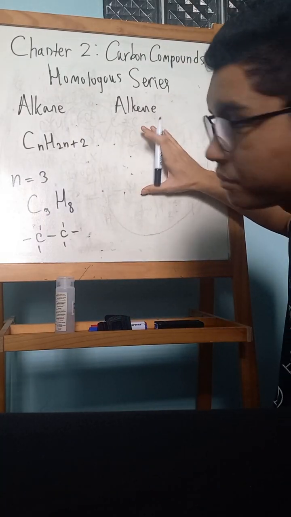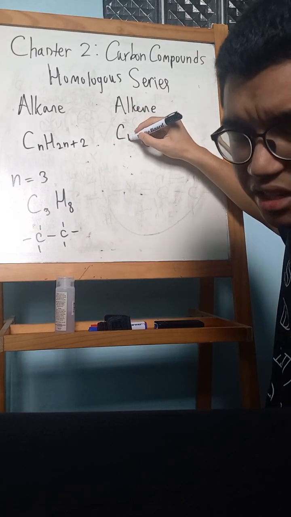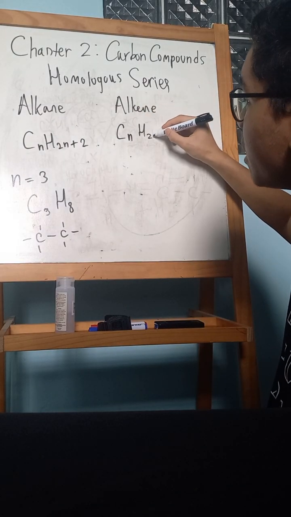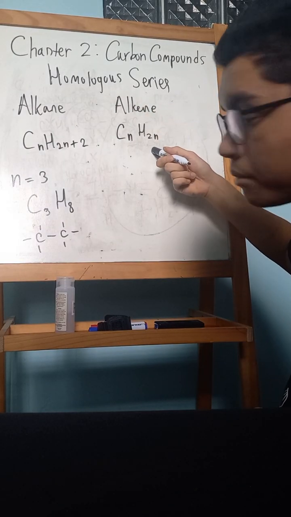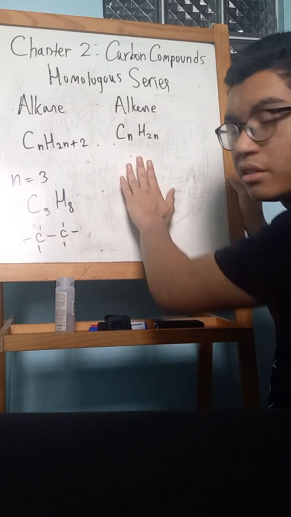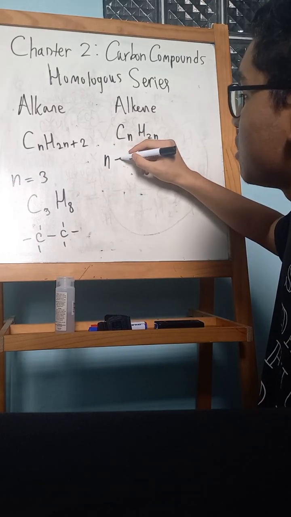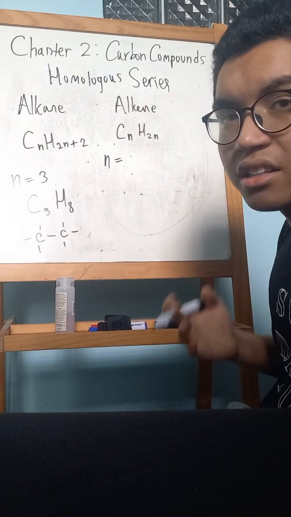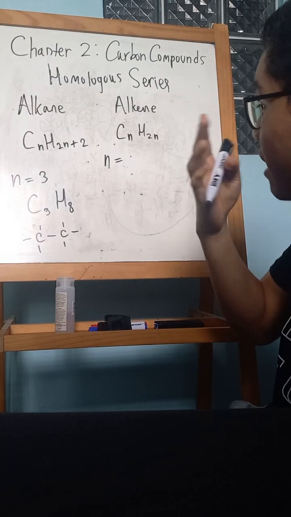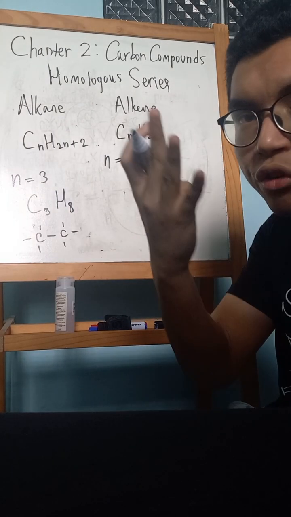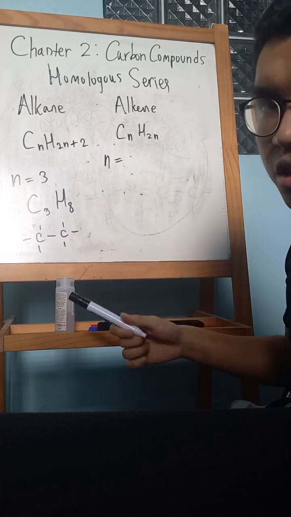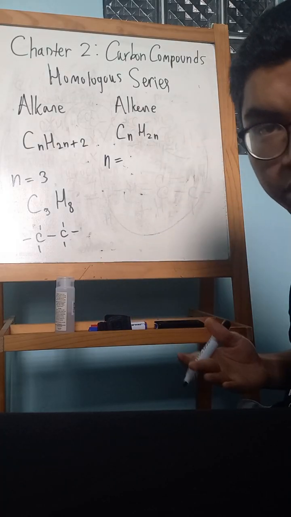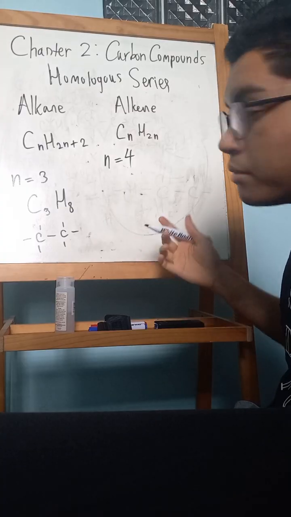Now, alkene has a general formula of CnH2n. Let's say I want a carbon compound that's an alkene, and I want 4 carbon atoms inside the compound. Okay, sure. n equals 4.